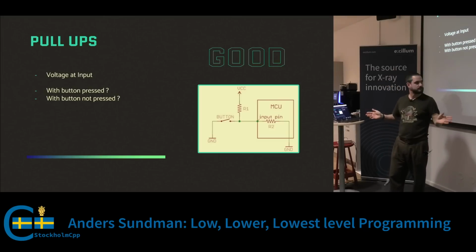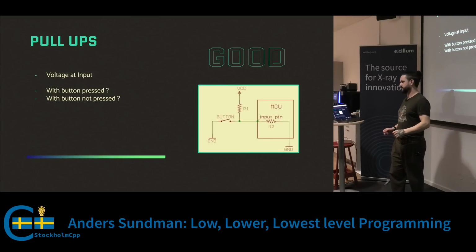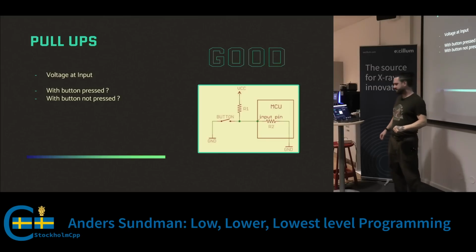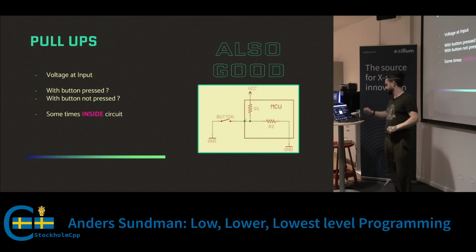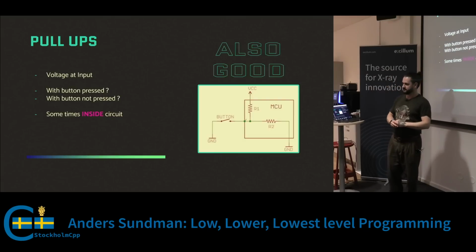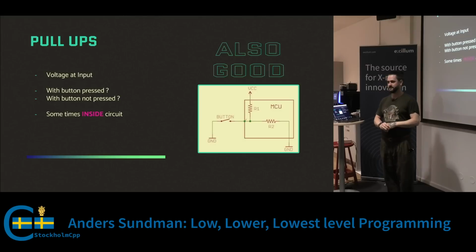So now you have two clear conditions. Again, how is this your problem as a C++ developer? It seems like a glaring omission if they don't put this in, right? Well, maybe not, because there's also this option. In your CPUs, mostly in your SOCs, you can have internal pull-ups that you can enable or disable.